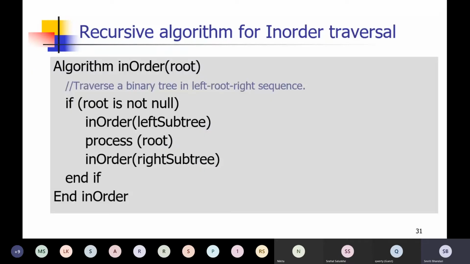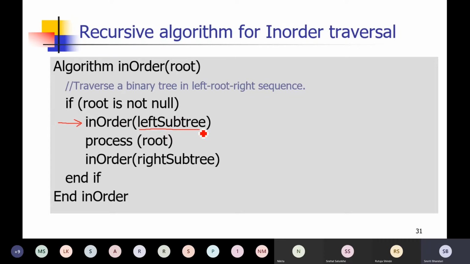Now, similar way, it is possible to write the algorithm for in-order traversal. So once again, for in-order traversal, we are sending address of the root node as the argument. So here also we are checking whether our tree is empty. So if our tree is not empty, we are going to call the same algorithm in order with the address of left subtree.